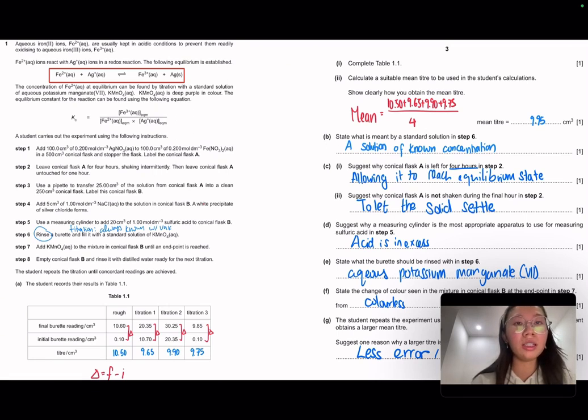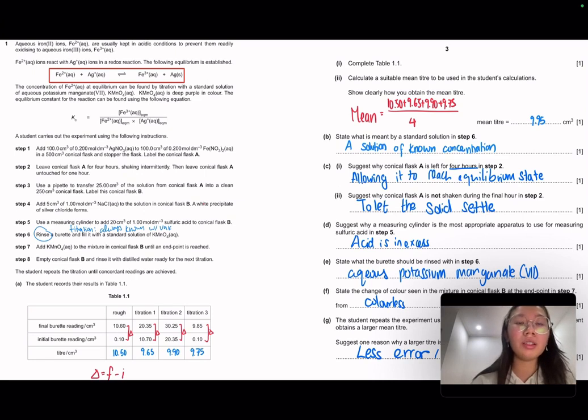So looks like we're adding to a 500 cm3 conical flask, which itself already contains Fe(NO3)2. We're adding AgNO3 to that. And okay, you stopper the flask and label the conical flask A.